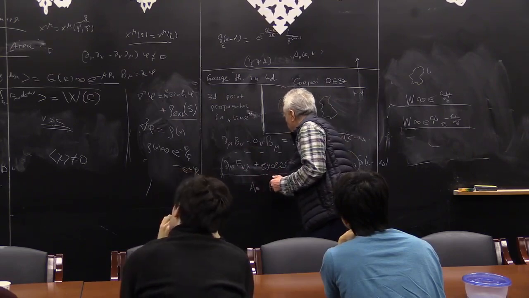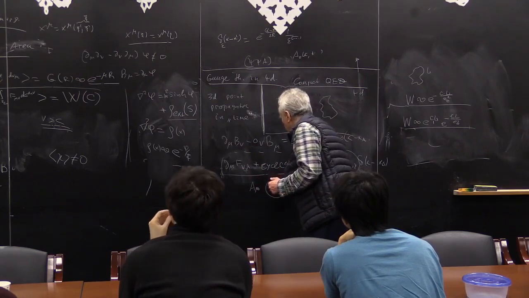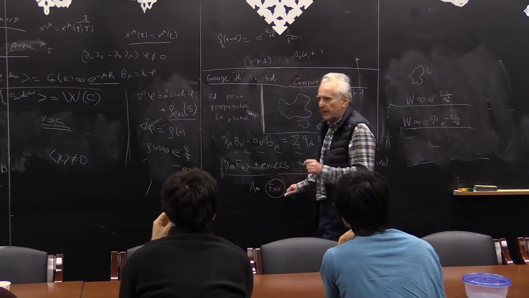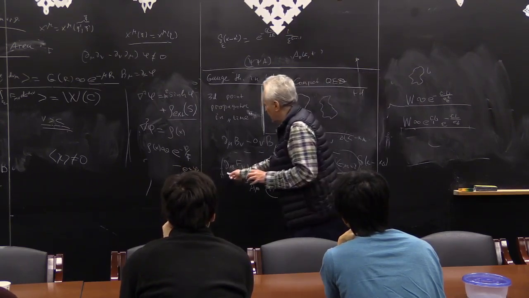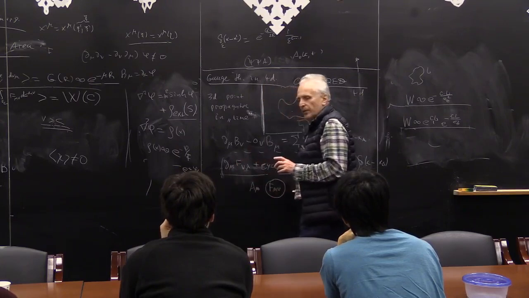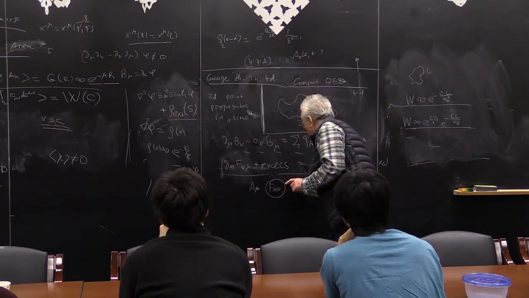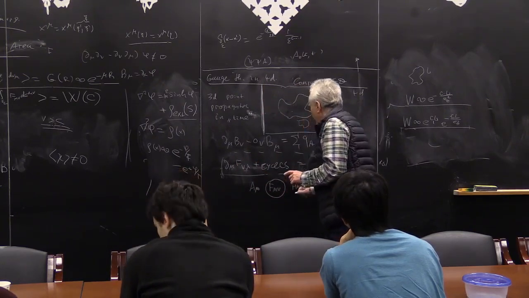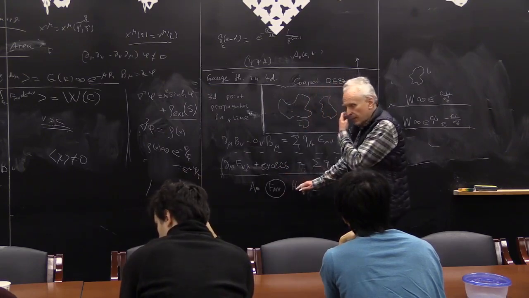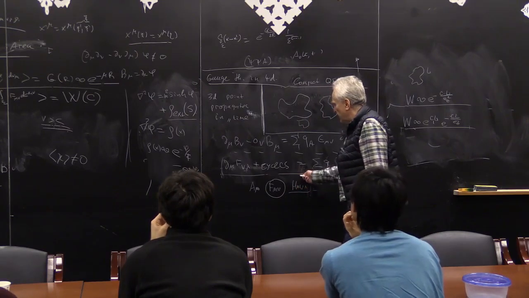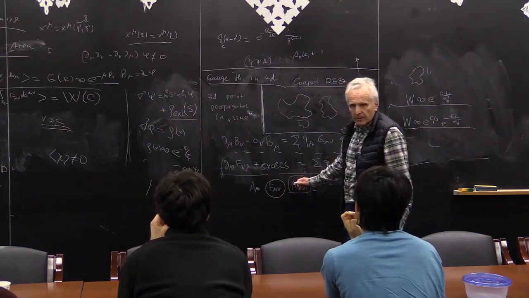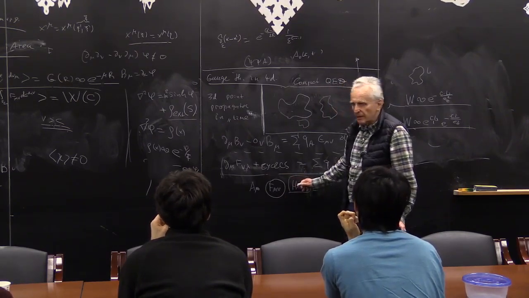We have the field strength F mu nu, which is a second rank tensor, and we have the Bianchi identity, the left-hand side of which is a third rank tensor. The defects are point-like if the dimension of space is equal to the dimension of the Bianchi identity.